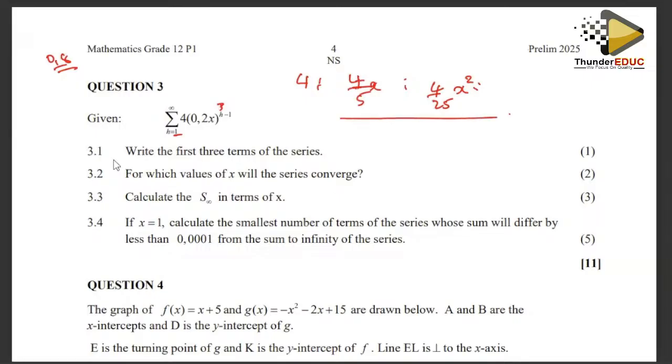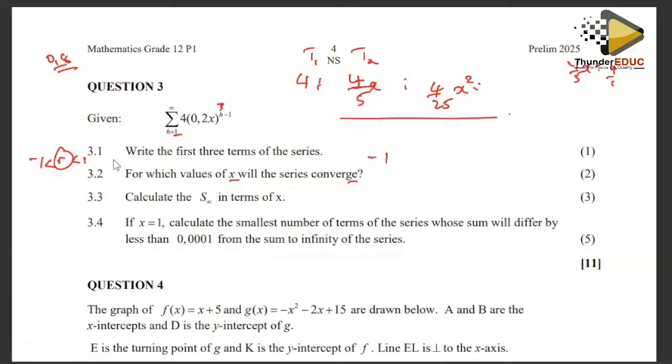Then for which values of x will the series converge? Now for convergence, we know that -1 is less than r is less than 1. Only thing we need to get is our common ratio. So this is T2, this is T1. So divide the 2. Okay, so 4 over 5x, we're dividing it by 4, meaning that my common ratio is 1 over 5x.